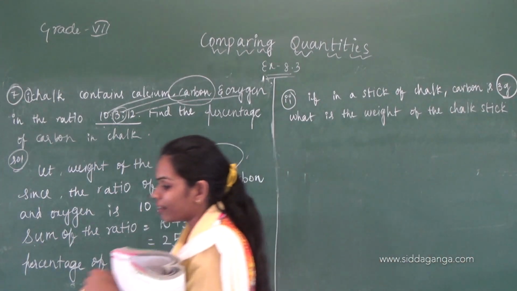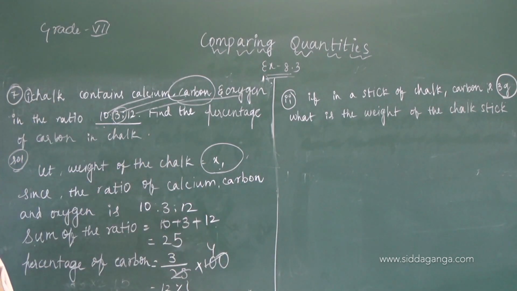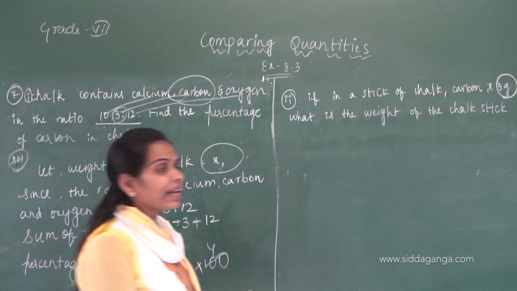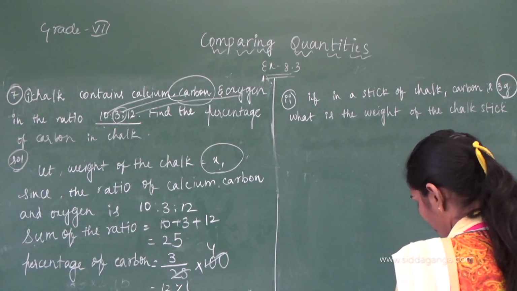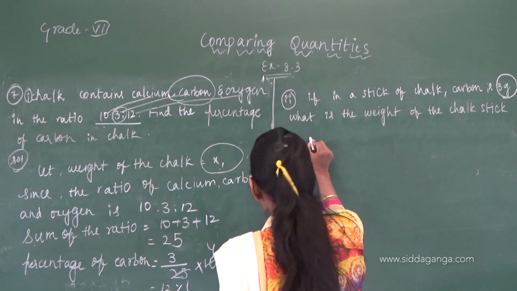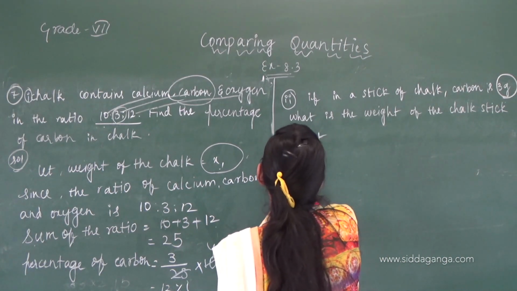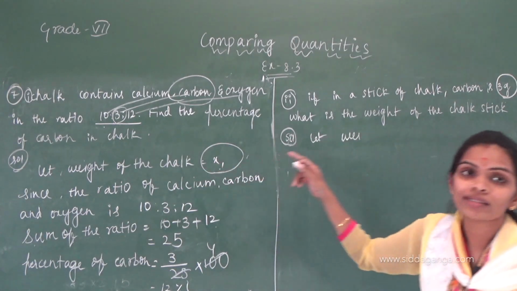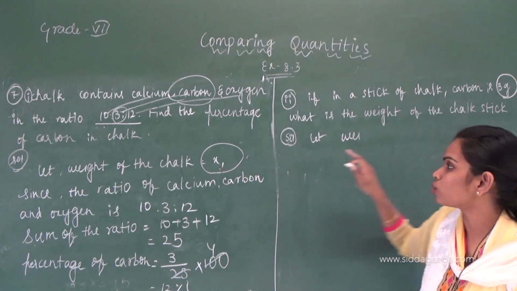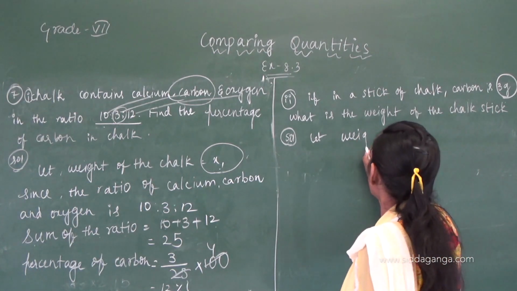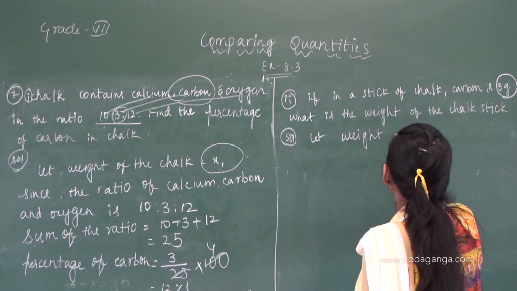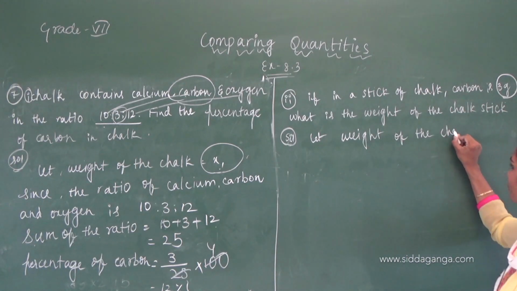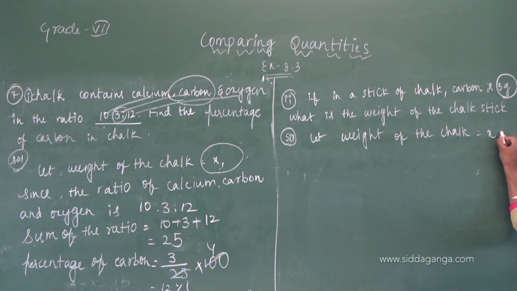How do we write that properly? Firstly, let the weight of the chalk be x grams, where x is a variable.